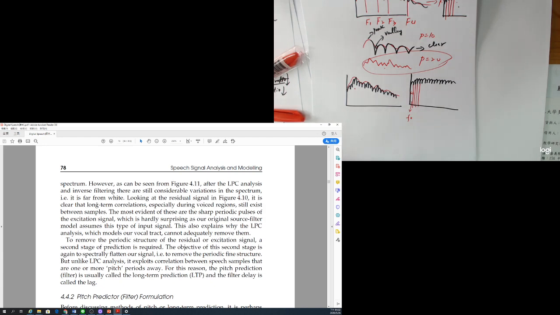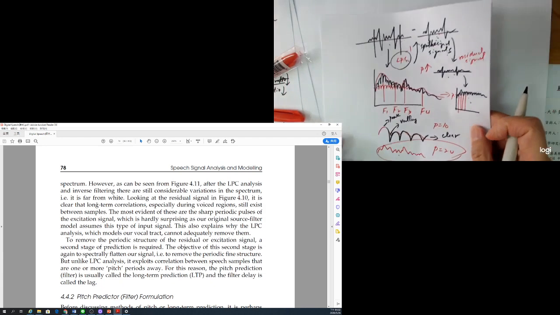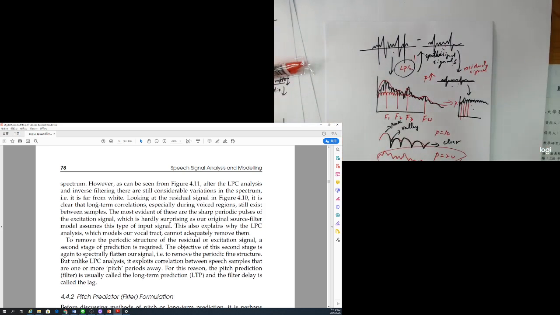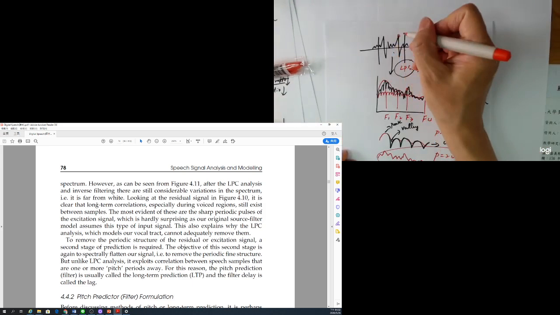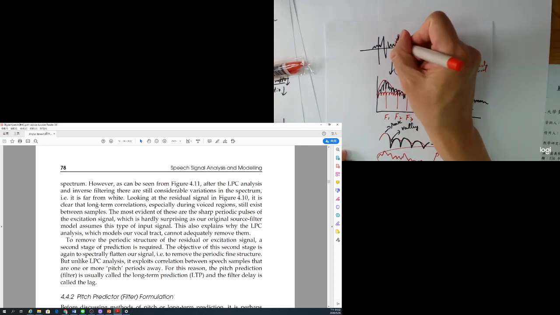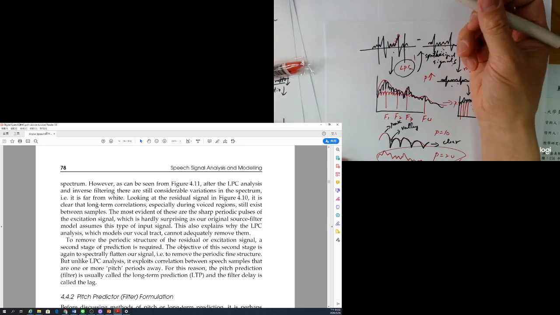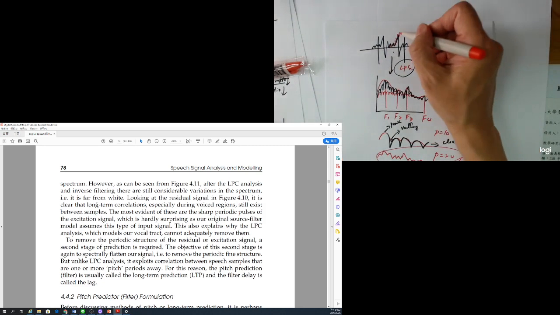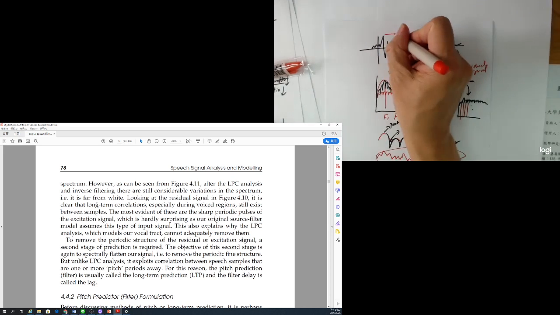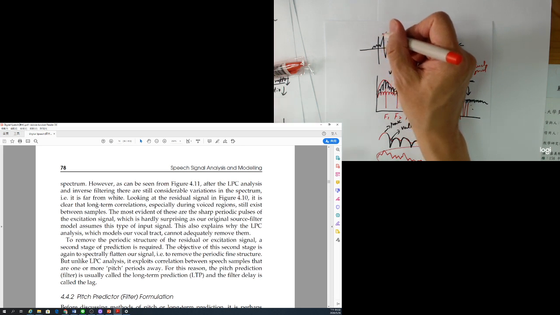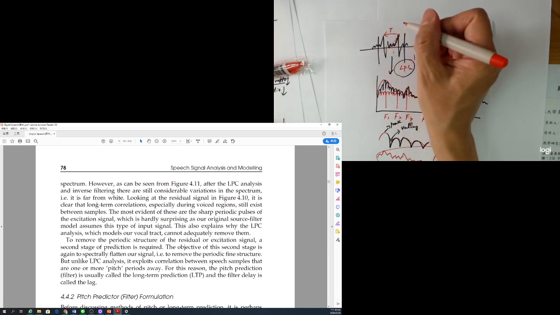Our short-term prediction is called linear prediction coding. It is based on neighboring samples doing a linear combination to do the prediction. Pitch prediction will consider maybe 30 samples, 60 samples, to do the prediction.